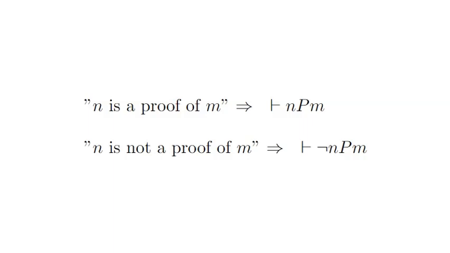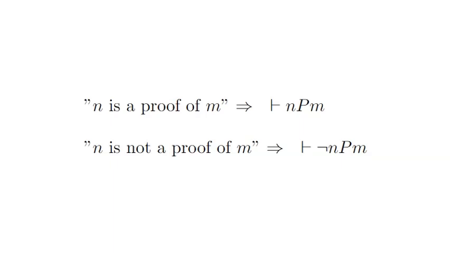And remember, if n actually is a proof of m, we will be able to prove nPm. If n is not a proof of m, we will be able to prove the negation of nPm.